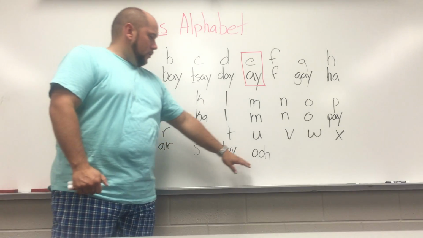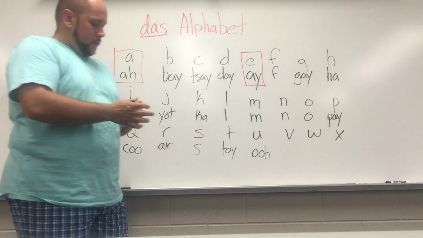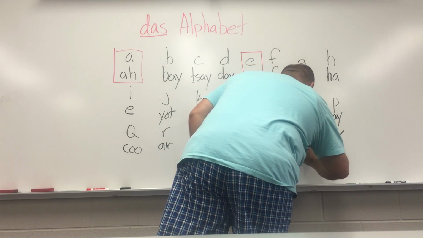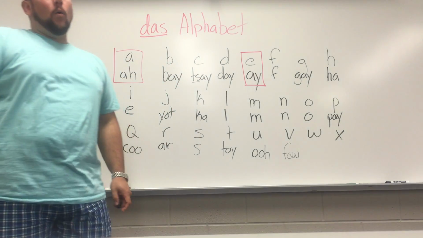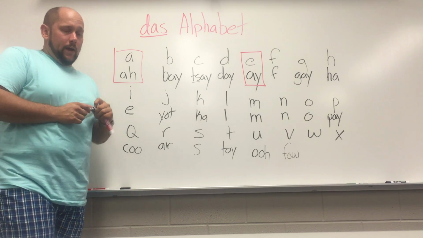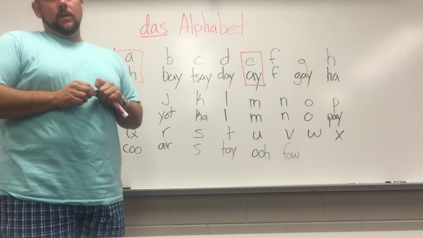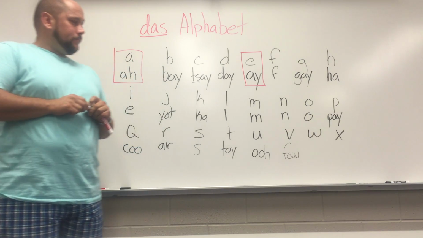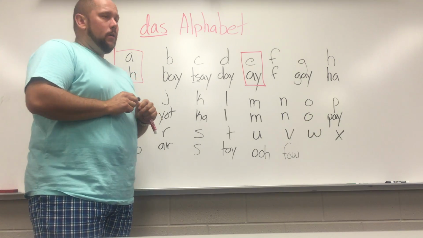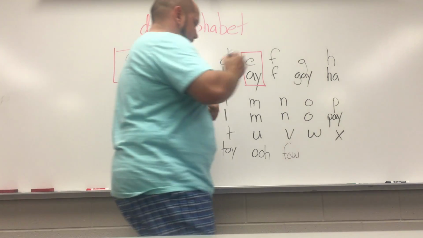Okay? So ooh, the letter V. Foul. The letter V is foul. It will make an F sound when we see it in words. Okay? So the letter V is foul, and it makes an F sound.